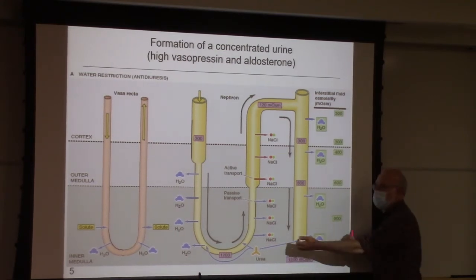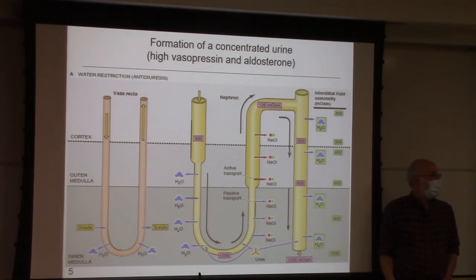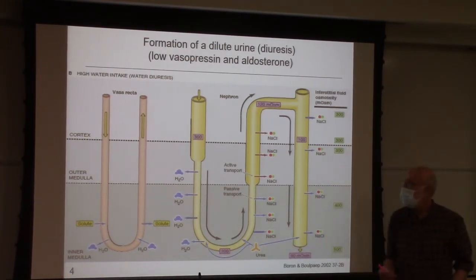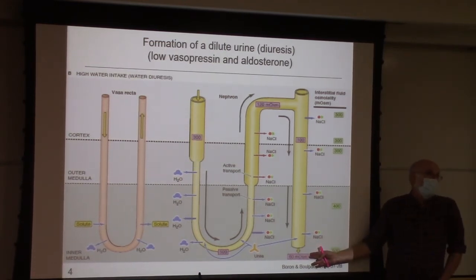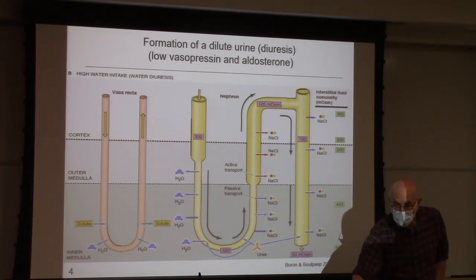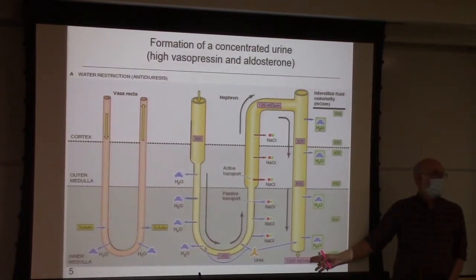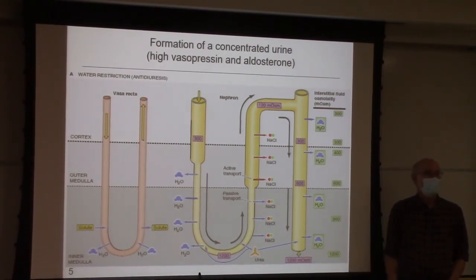So water is pulled from the fluid, and we get a concentrated urine. In this case, highly hydrated, water excretion in order to reduce the overhydration. In this case of dehydration, highly concentrated urine in order to minimize water excretion.